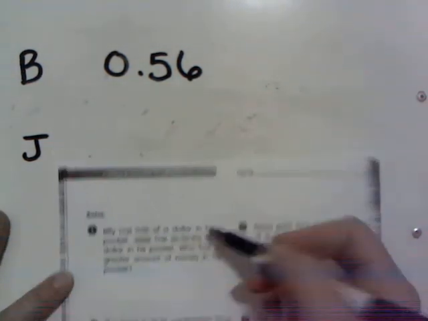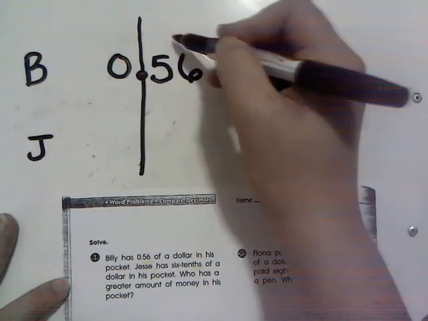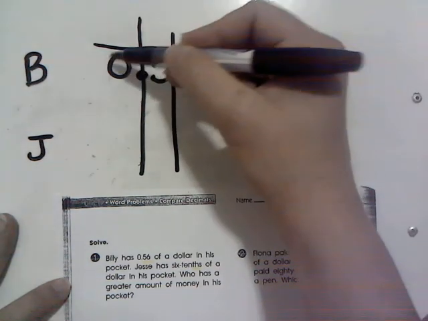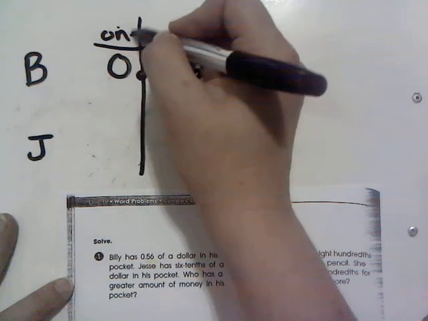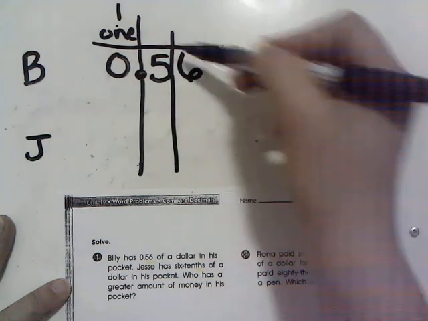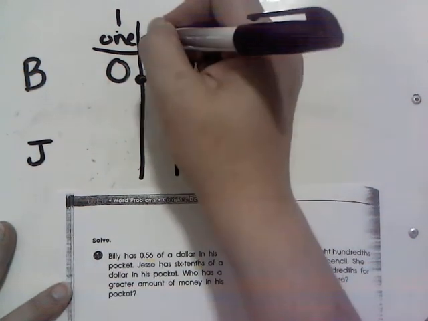It says 6/10ths. So I'm going to do my place value chart over my numbers. To the left of our decimals are whole numbers. So this is ones. To the right of my decimal, that's when we start our smaller than 1 values.